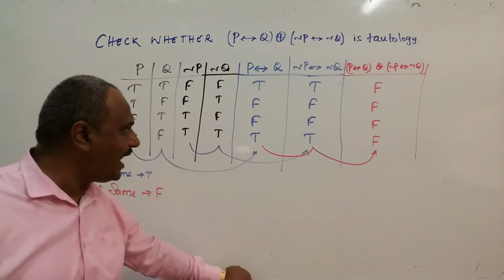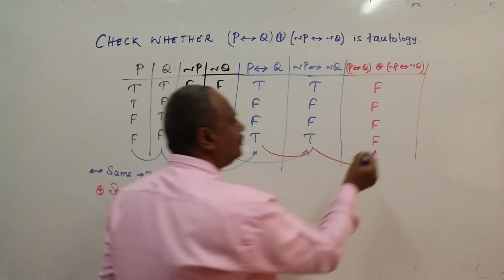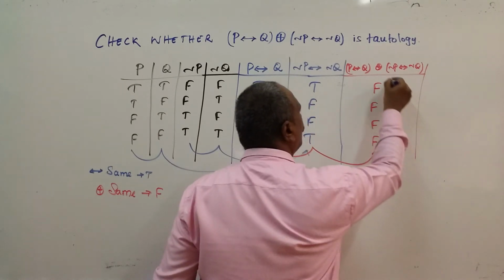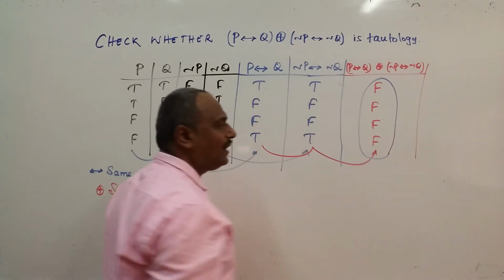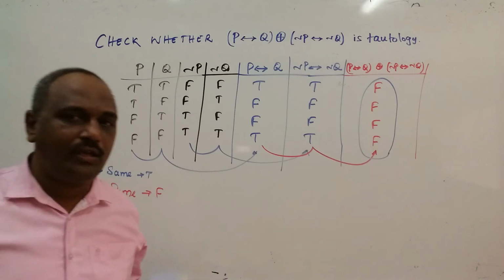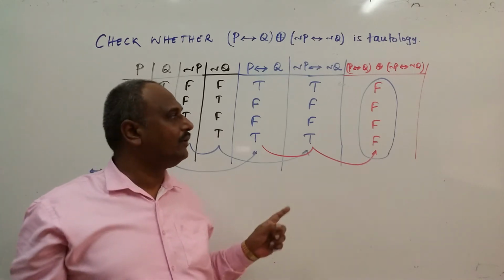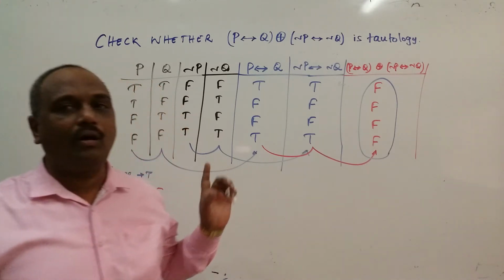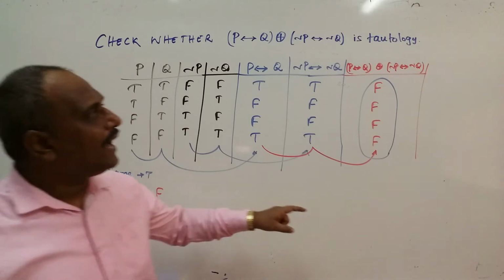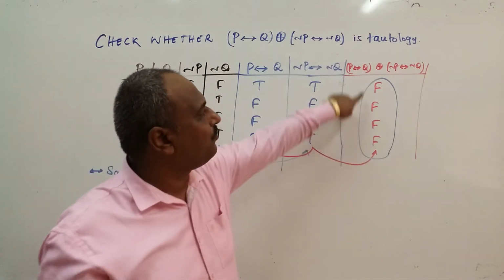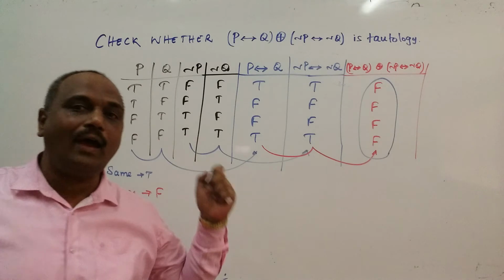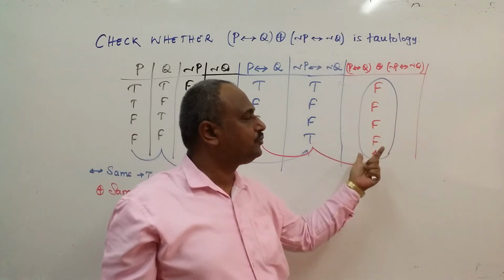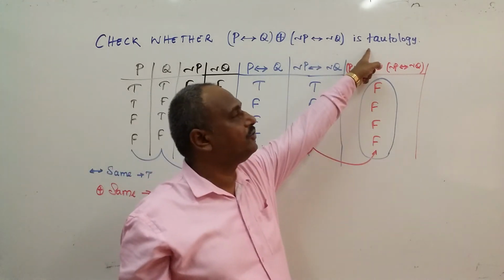Now using the final output, I am going to define whether this is a tautology or contradiction. Here I have all the statements as false. If we have all the values true, then it is called a tautology.